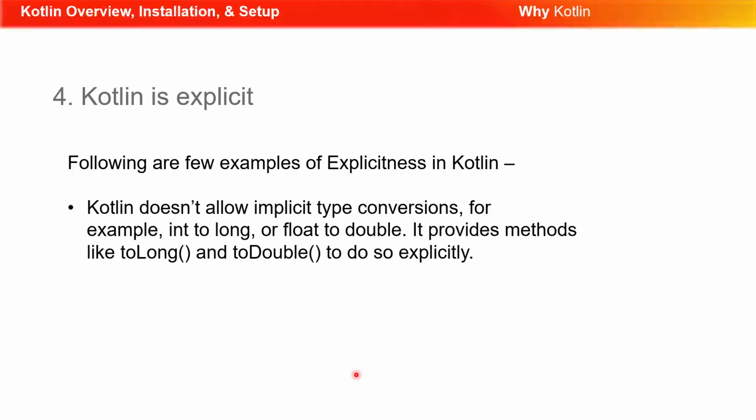Quite often you will pass an integer, and your integer will get converted to a long or a double right in the math function. So you don't have to worry about doing type conversions with Java. However, with Kotlin, if you want to do a type conversion, you have to call methods like toLong or toDouble, so you have to explicitly run the type conversions.